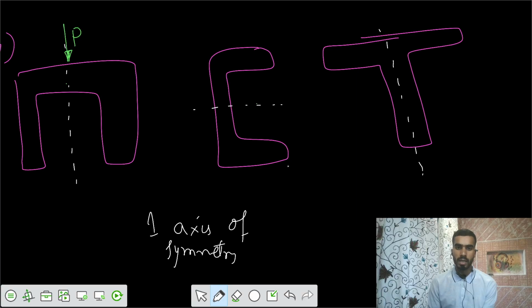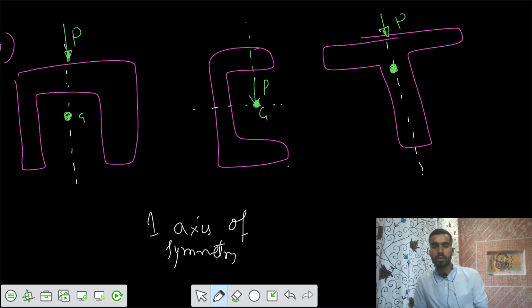Next, there is some center of gravity here, the CG of the section. Let's say there is some CG for this case also. So for this case, the load is acting along the CG. This is your CG. And if the load passes along the CG, what is going to happen?